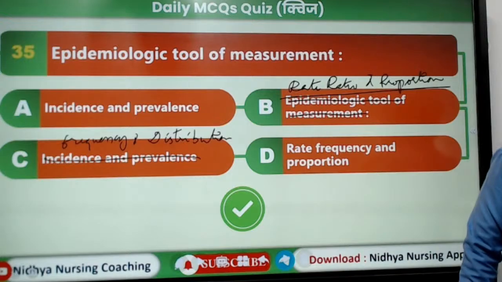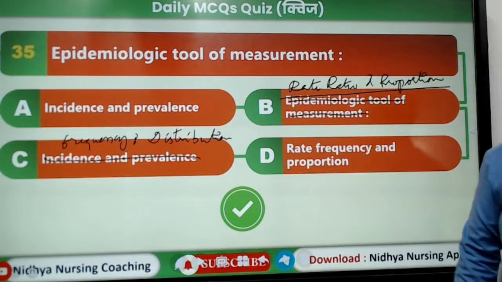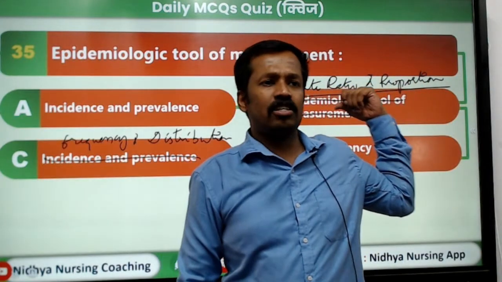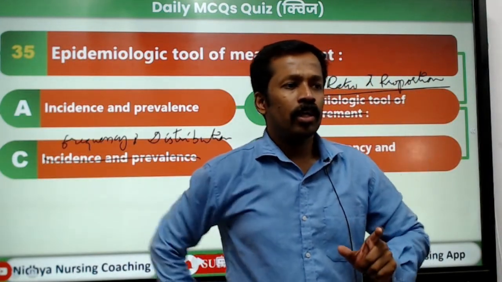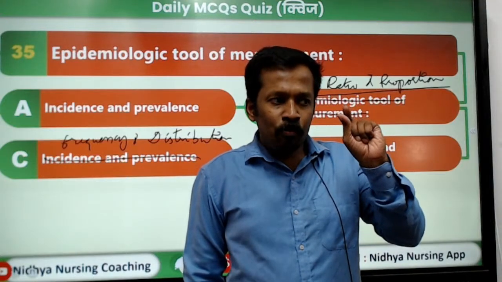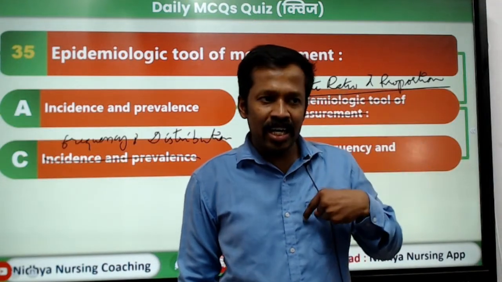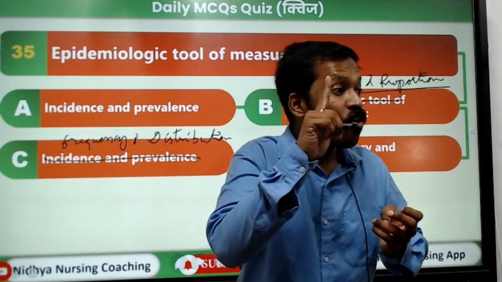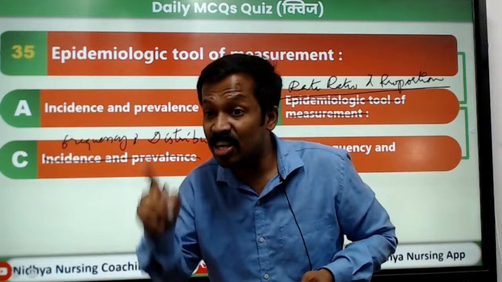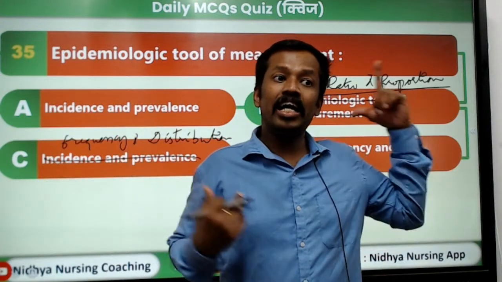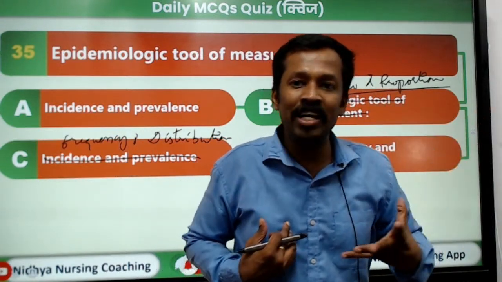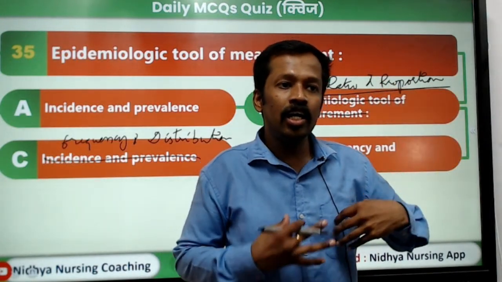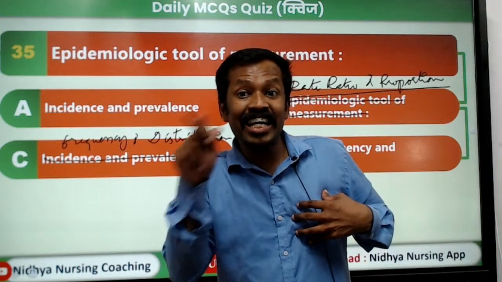Okay, difference between window period and incubation period. What do you mean by window period and incubation period? Window period we already discussed. What is incubation period? The microorganism has entered, it needs to colonize and show the first sign and symptom. In window period, the HIV organism has entered and we are detecting and diagnosing it.